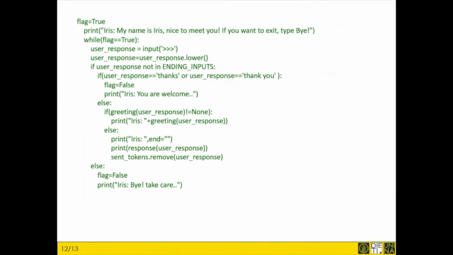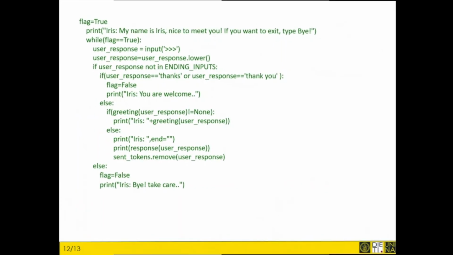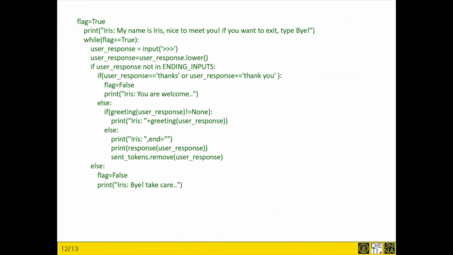If it is thanks or thank you, the chatbot shows its gratitude to the user and moves the flag to false. If the user is saying hello to the chatbot, Iris greets the user. Otherwise, the chatbot answers the user input. Last case, chatbot and user are saying goodbye to each other.